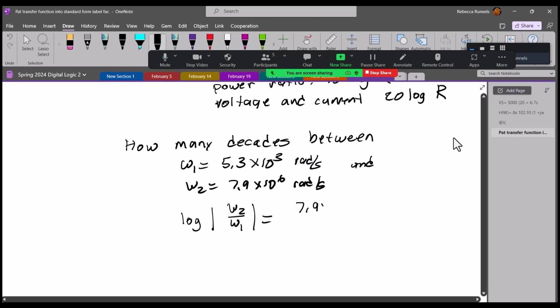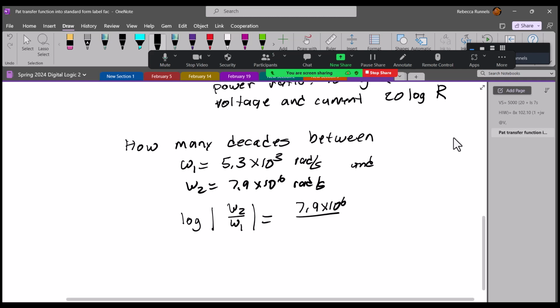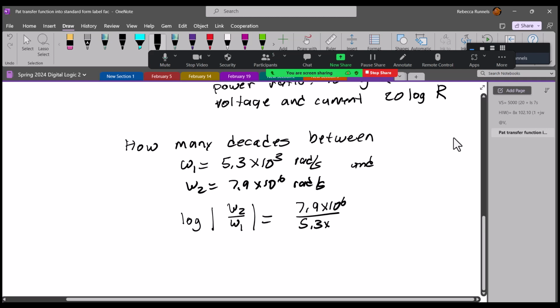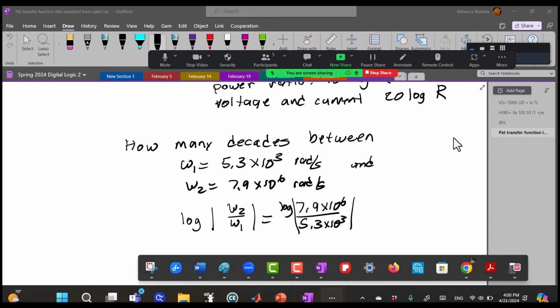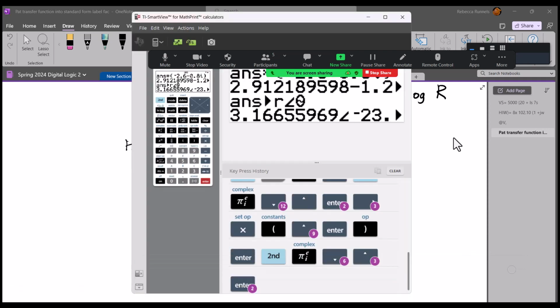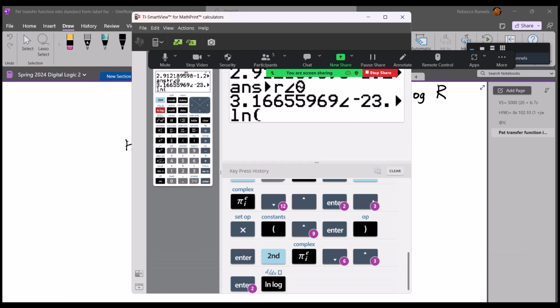So it'd be 7.9 times 10 to the 6th over 5.3 times 10 to the third, and then take the log of that, log base 10.